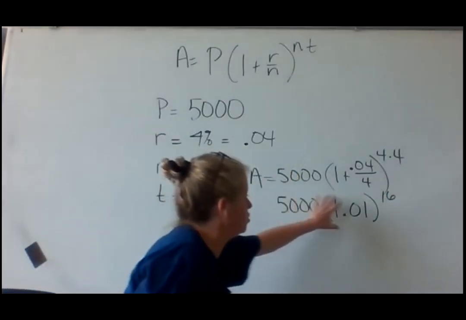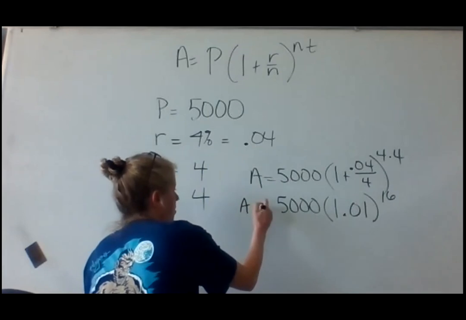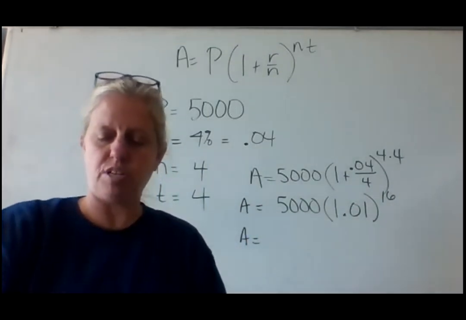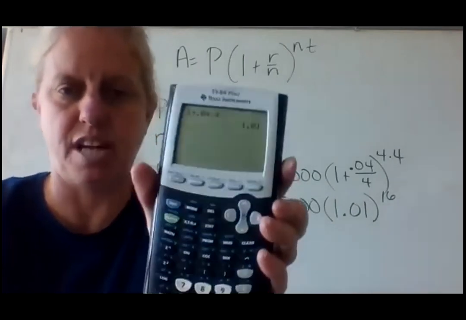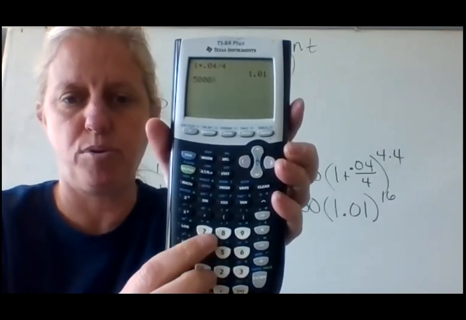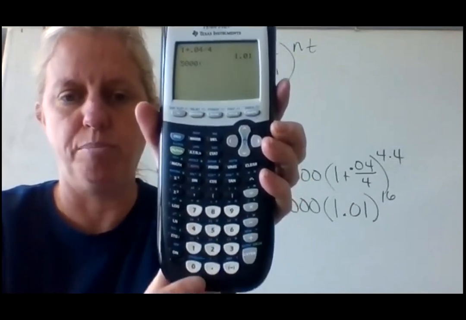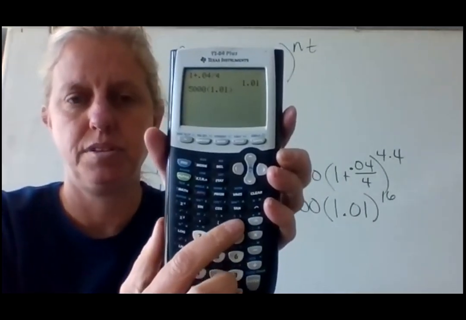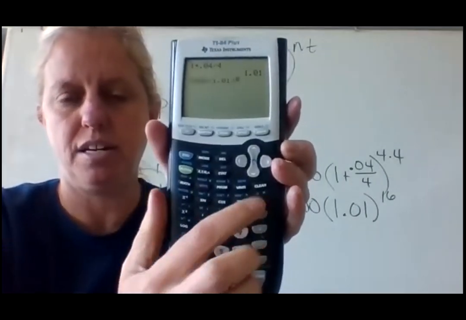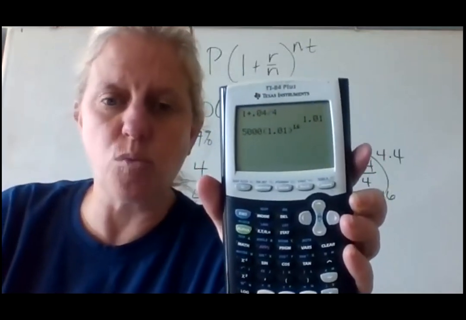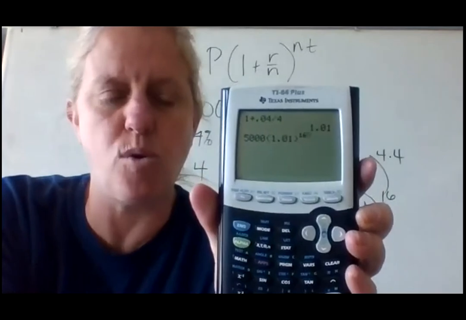So here's what you need to tell your calculator: 5,000 times 1.01 to the 16th power. So just type that in. 5,000, open parentheses, 1.01, close. Go up into your exponent and tell it to put 16 in your exponent. Your calculator will do the order of operations for you.